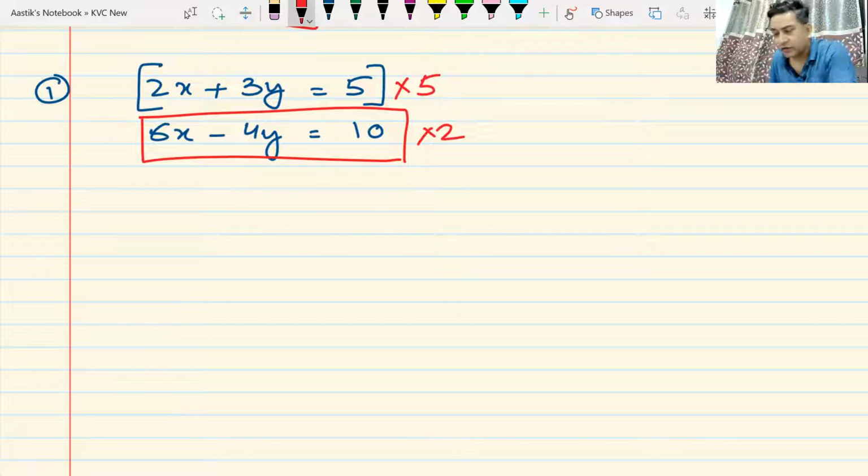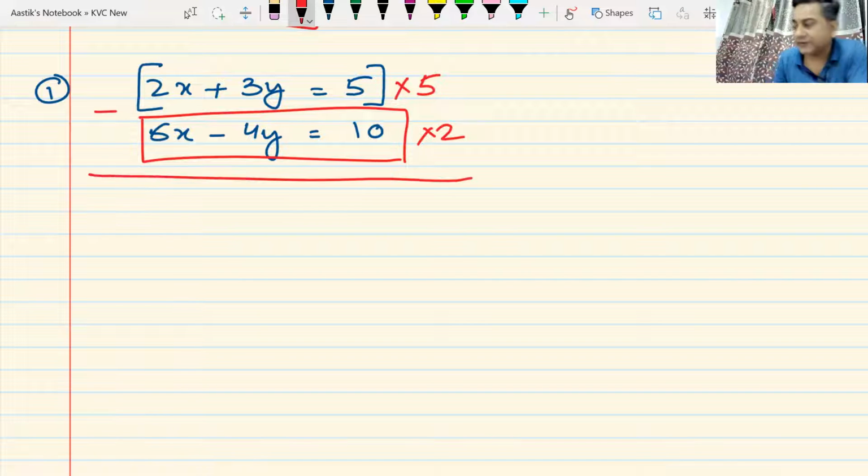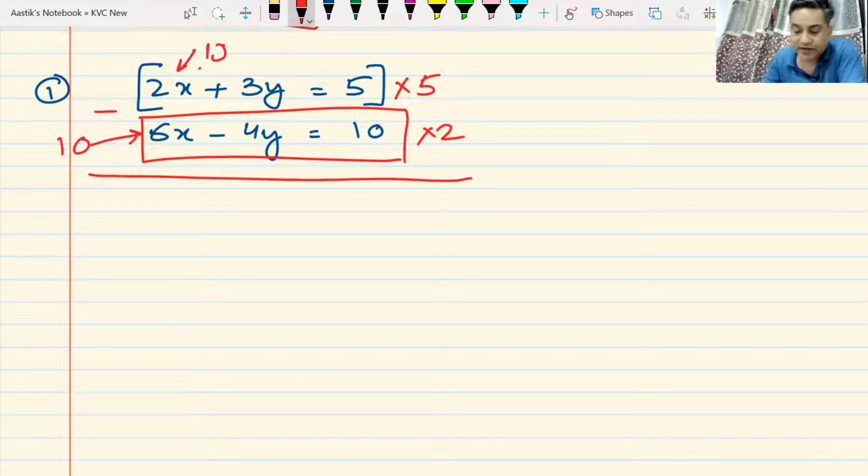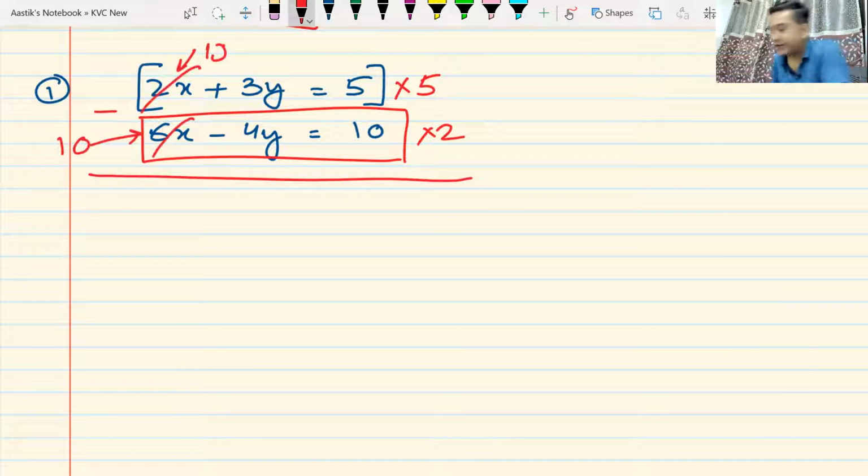Multiply equation number 1 by 5, multiply equation number 2 by 2, and then subtract. This will become 10x, this will also become 10x, and once I subtract, these things will go away.